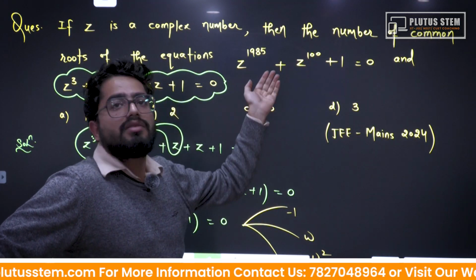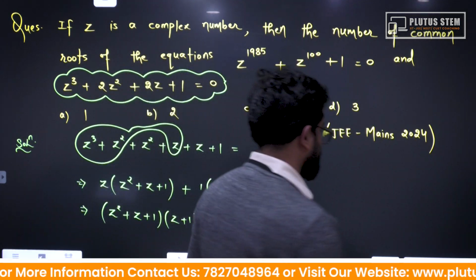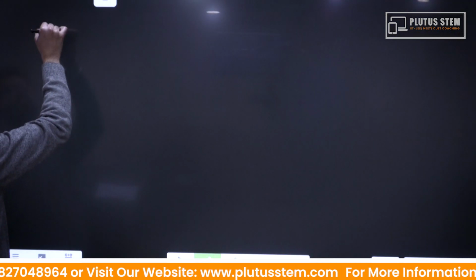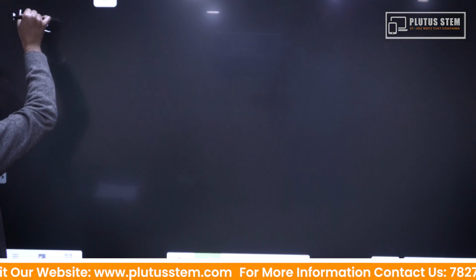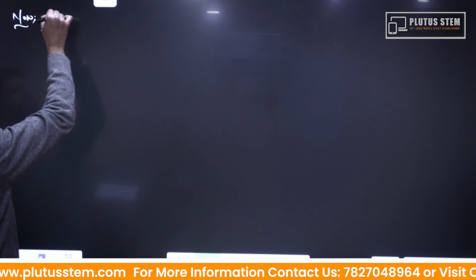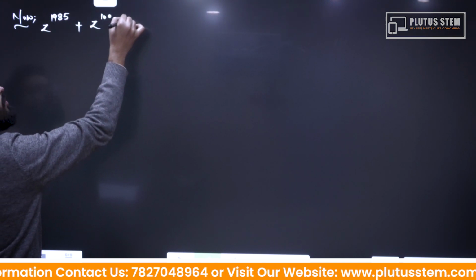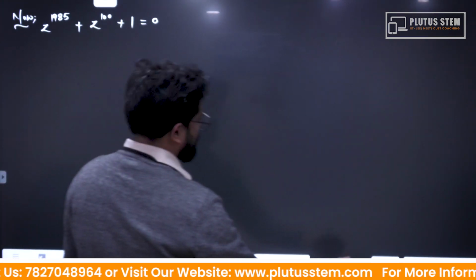Let's say minus 1. Just put the value of minus 1 in the second equation, which is z power 1985 plus z power 100 plus 1 is equal to 0.